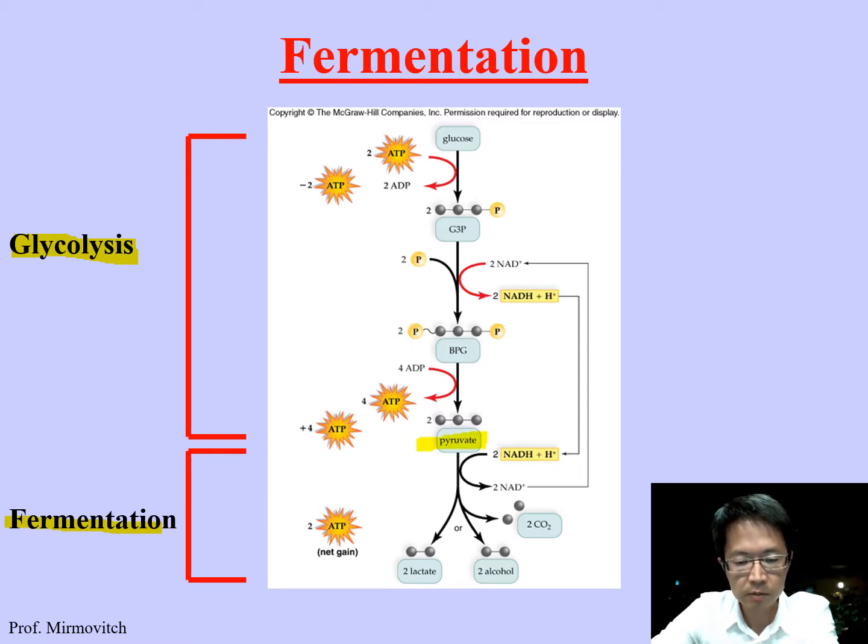During fermentation, or anaerobic respiration, the NADH will give the high energy electron to pyruvate, so that pyruvate will transform into lactic acid if it is in an animal. If it is in yeast, you become alcohol and carbon dioxide.